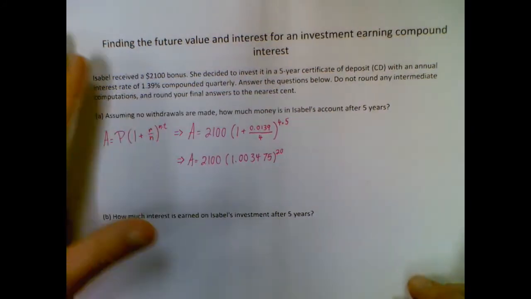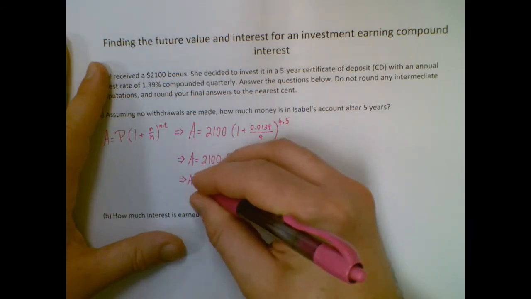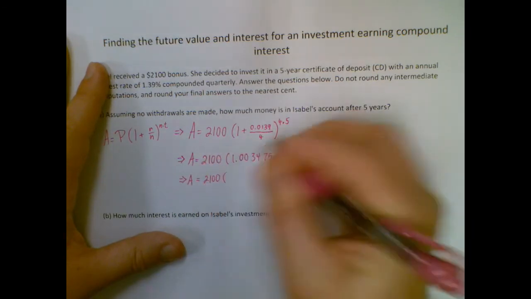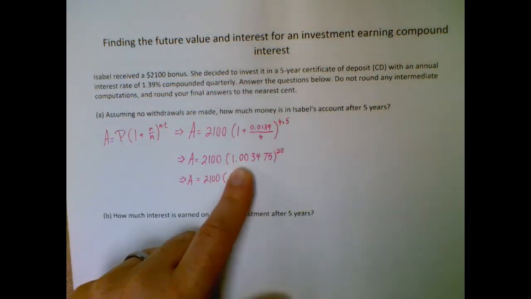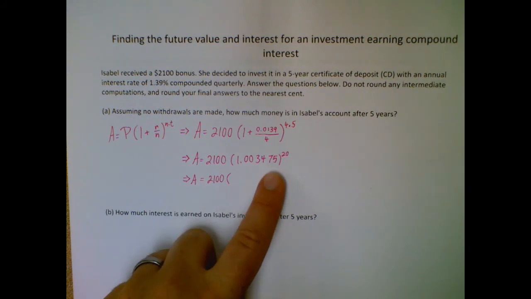Okay. So now we're going to need our calculator again. So leave this 2100 alone, but I need to do that 1.003475. Sorry, I'm getting distracted with all the zeros there. And we need to raise that to the 20th power. So let's go ahead and do that.